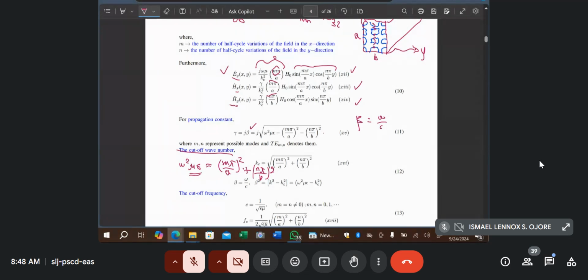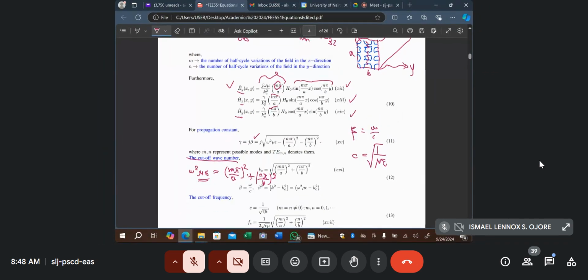So we know that c is equal to 1 over root of mu epsilon, that's the expression for c. So we can divide, we have it here.